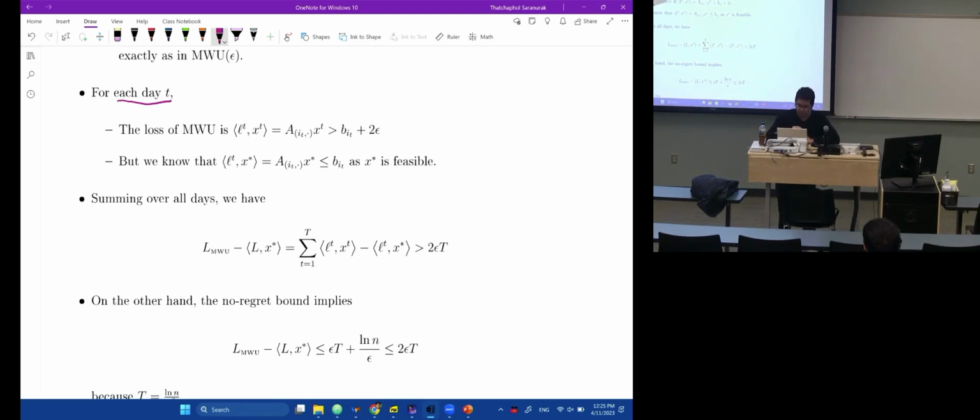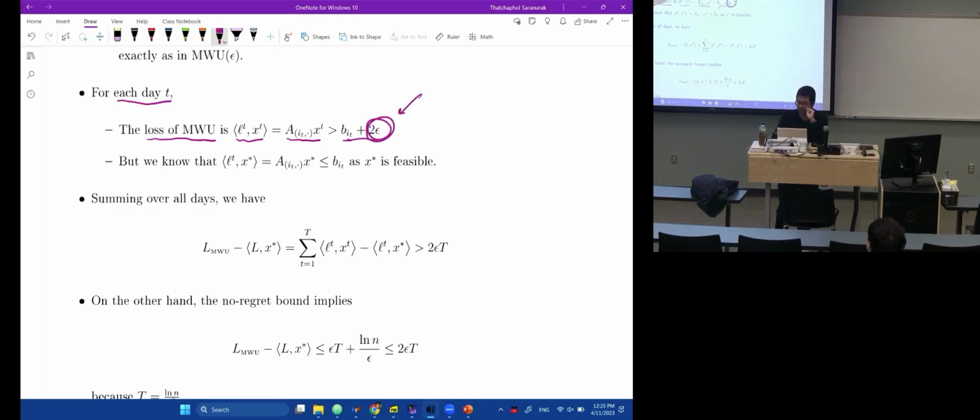You can say that the loss of the weight update algorithm is just the inner product between the loss vector and the distribution x_t. So this is just the row of A times x_t, which we know by the choice of this row is going to be more than b_i_t plus 2 epsilon.